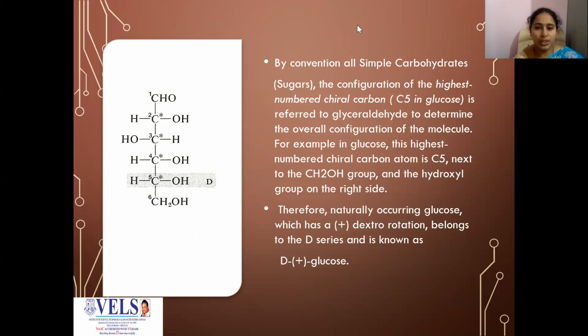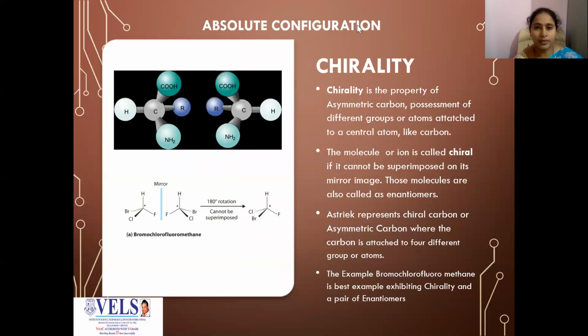Here we have to consider the OH group. The OH group on this C5 carbon is on the right hand side, so it is said to be a dextrorotatory compound. Therefore, naturally occurring glucose, which behaves as dextrorotatory, belongs to the D series and is also called capital D-plus-glucose. Here capital D represents that the OH is on the right hand side, and the plus symbol represents that it deflects the plane polarized light to the right side.